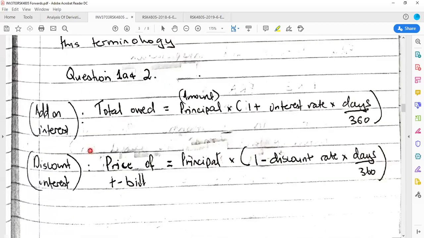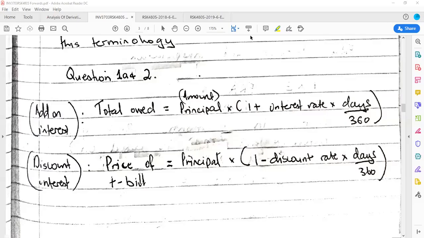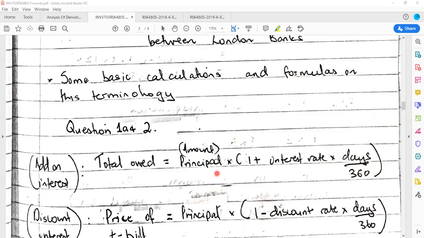So when we are dealing with LIBOR, there are two important things we need to remember. Firstly, you have to know how to calculate the amount that a person will owe if they borrow money through London interbank borrowing rates. Let's say you're a London bank and you go to another bank and you borrow money for a certain number of days.